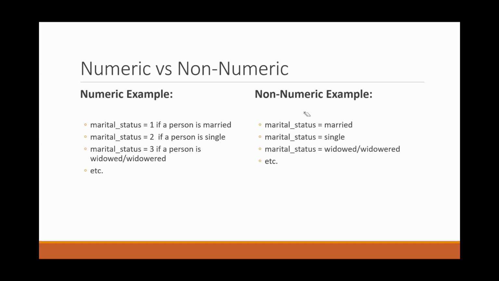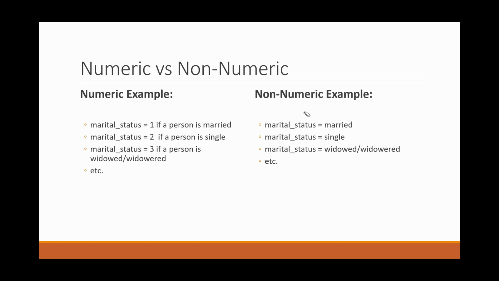The numbers don't have any meaning in themselves, it just uses numbers as the label for the category. A non-numeric categorical variable just uses words or symbols, something other than numbers, to label the categories. Numeric and non-numeric categorical variables are oftentimes interchangeable.